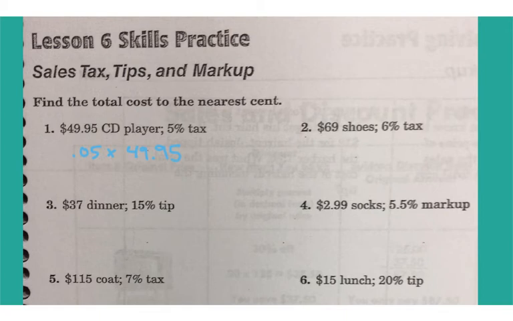We can just do 0.05, and remember, 0.05 is just the decimal version of 5%, times 49.95, and that of course will on the calculator give us 2.4975, but we would need to round to the nearest cent. So look at the number to the right of it. That will again tell us that it's $2.50 for tax.